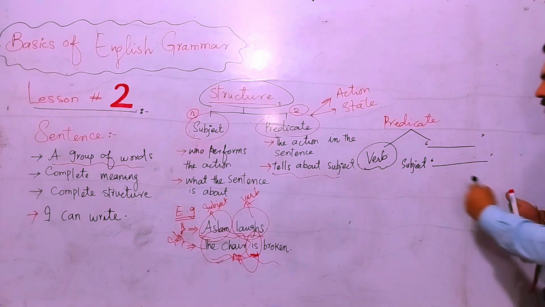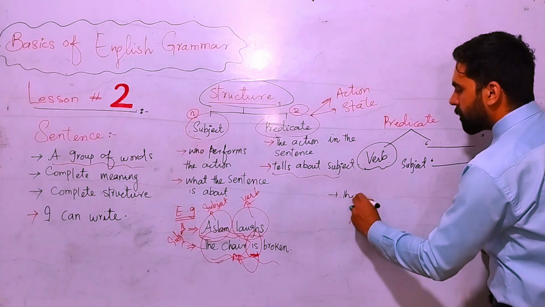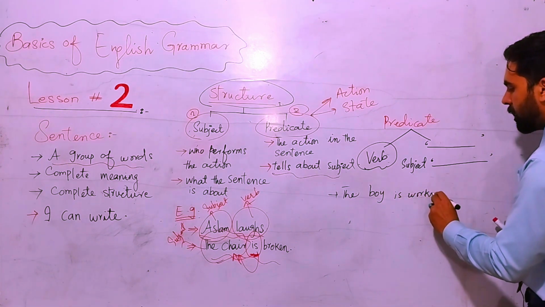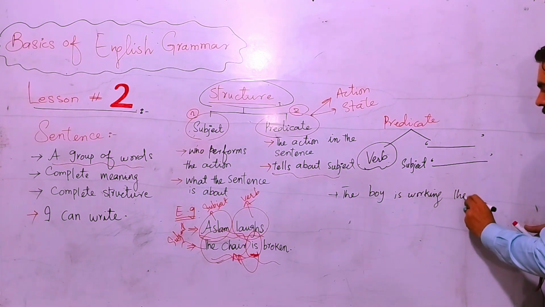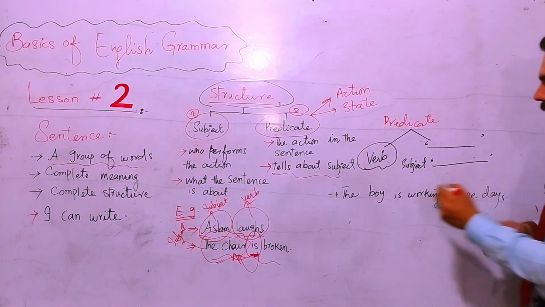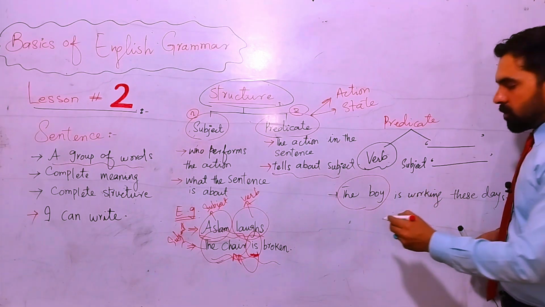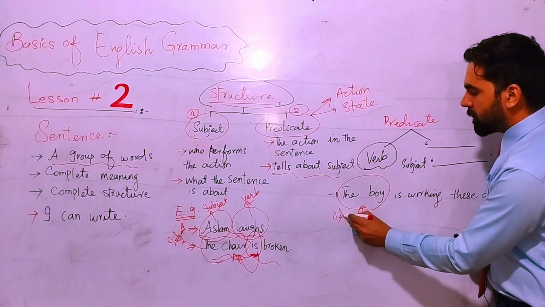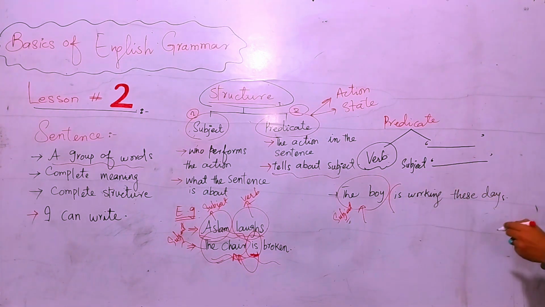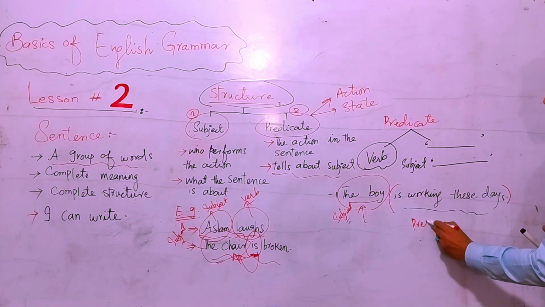For example, if I write a sentence here, the boy is working these days. Okay, the boy is the one who is working, so this must be the subject of the sentence. The rest of the sentence, is working these days, excluding this subject, this whole part is called a predicate.